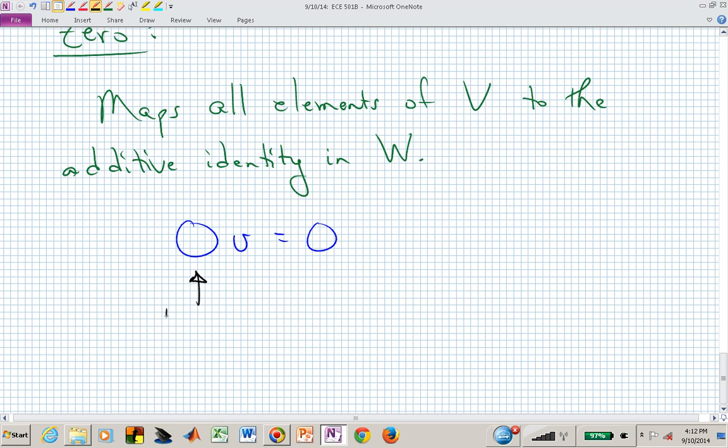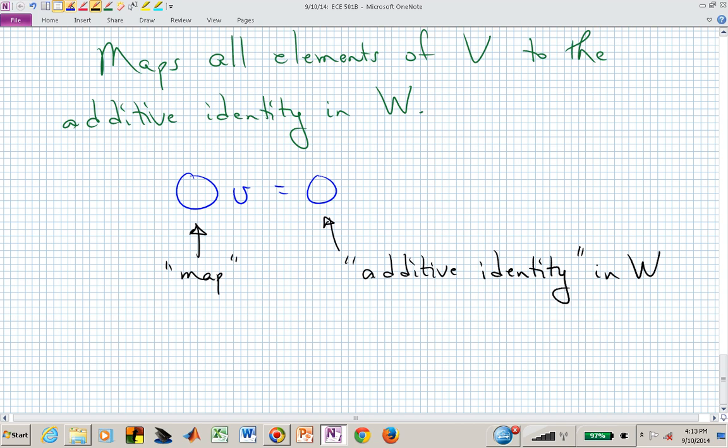This is a map, and this 0 is actually the additive identity in vector space W. Again, we have that piece of information that you need to keep track of.